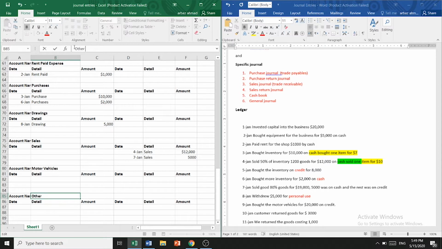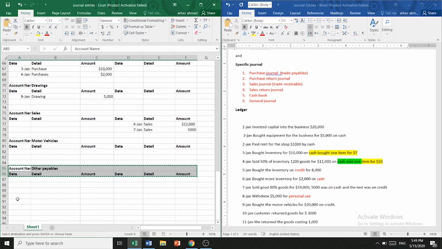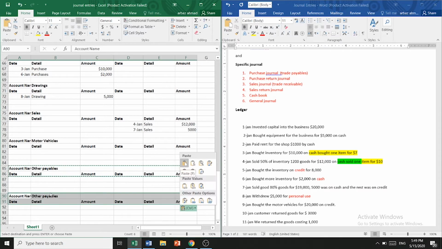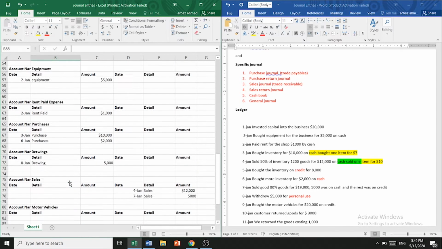Other payables and trade payables are completely different, because trade payables is only related to inventory. So if we copy this and have it as trade payables, then it's easier to understand that these two are supposed to have different accounts.